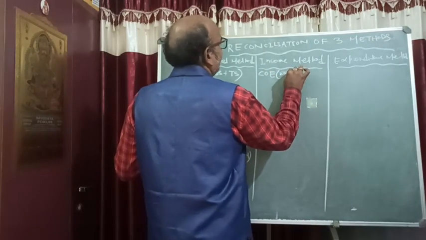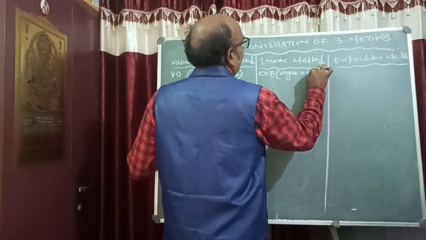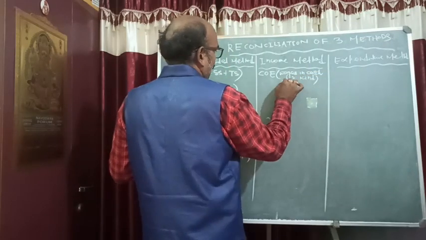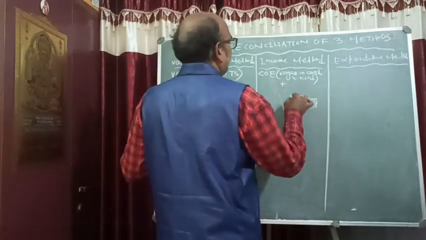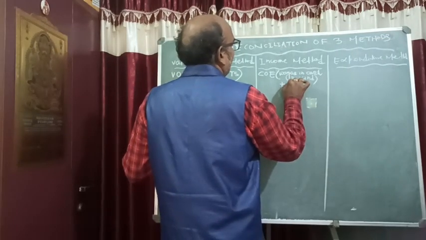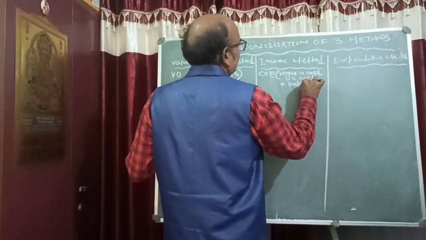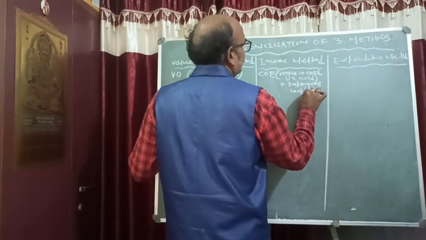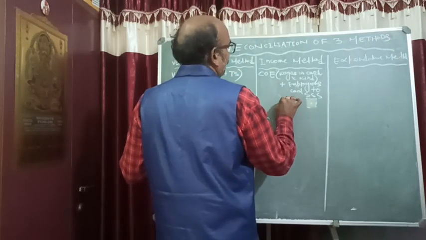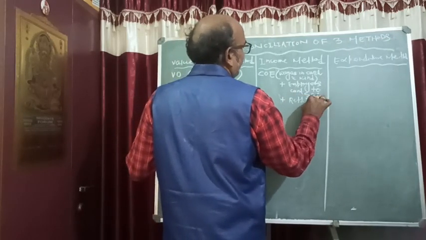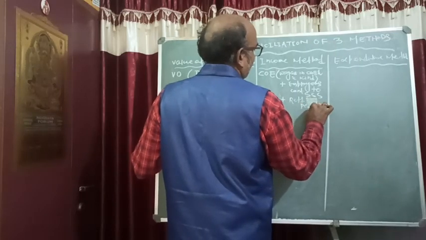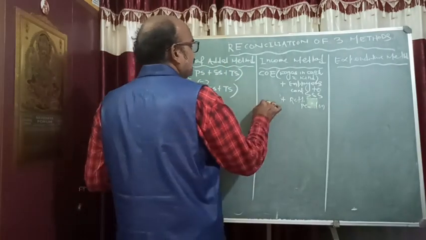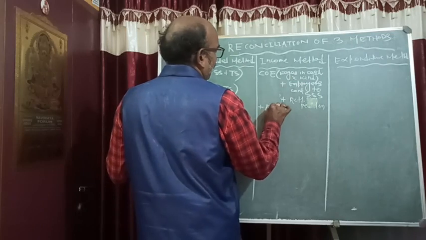Compensation of employees means wages in cash and kind, plus employers' contribution to social security scheme, plus retirement pension. Then you will get what? COE.